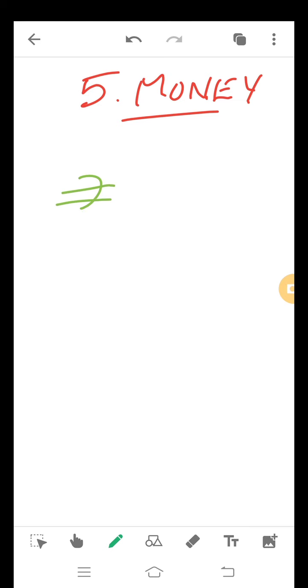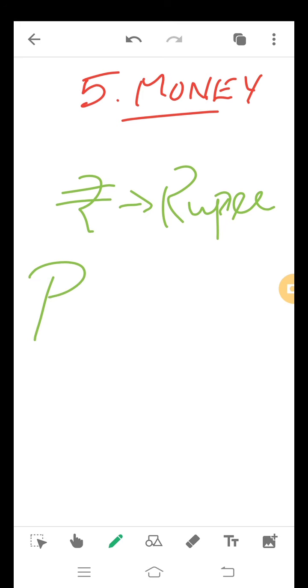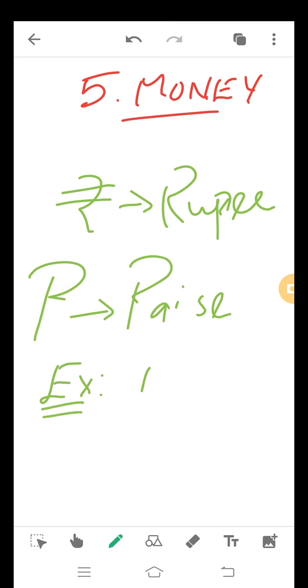Now note number 2. Symbol of rupee. So this is the symbol of rupee. And the symbol of paise: P is the symbol of paise. Students, see that clearly. For example, 1 rupee. How will you mention that?